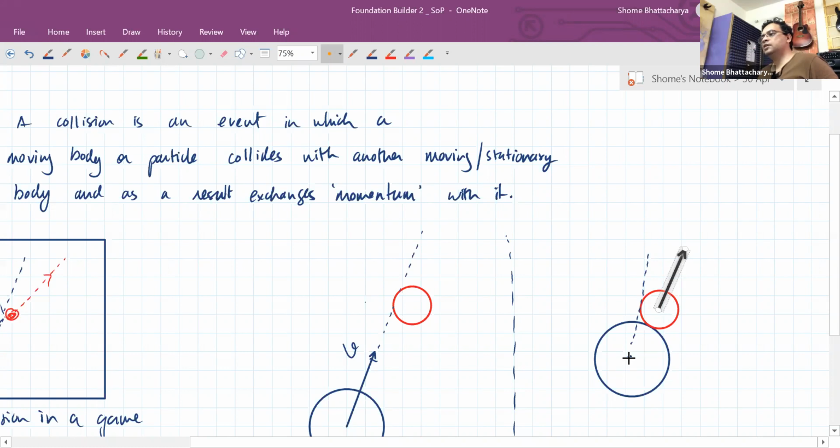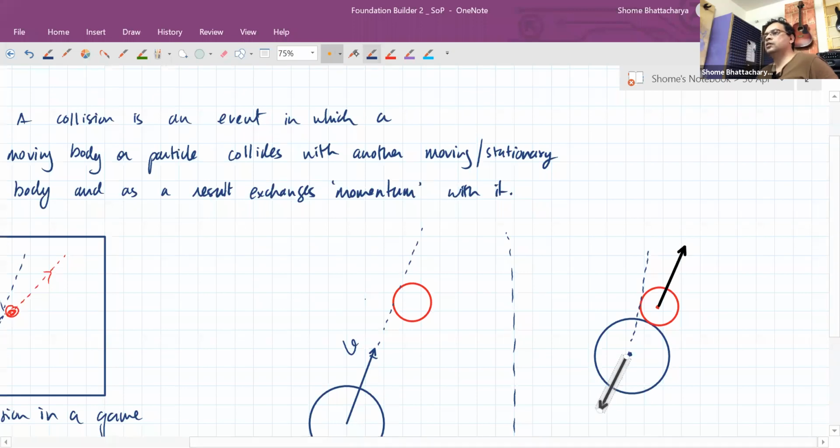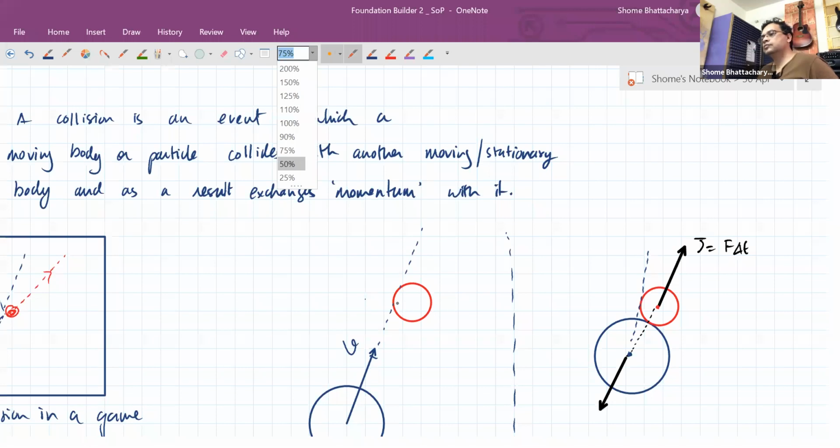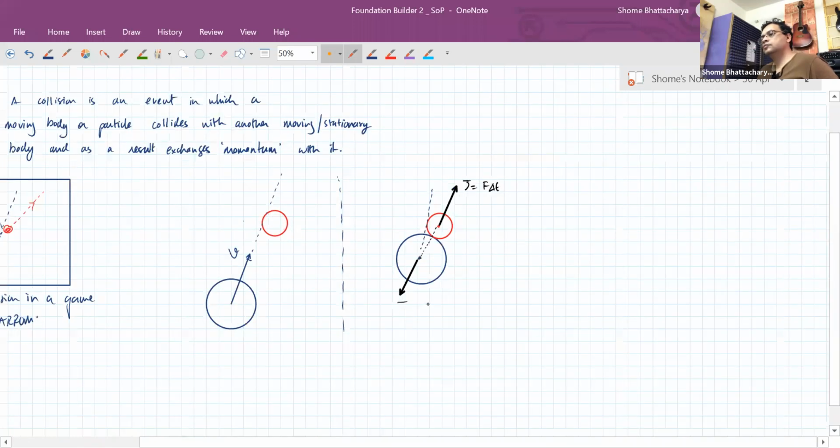And that one will be applying an equal and opposite collision impulse. Those forces will be along the center to center line. It's like a force acting for a very short duration of time. So you can see that the net external force is 0 on the system.